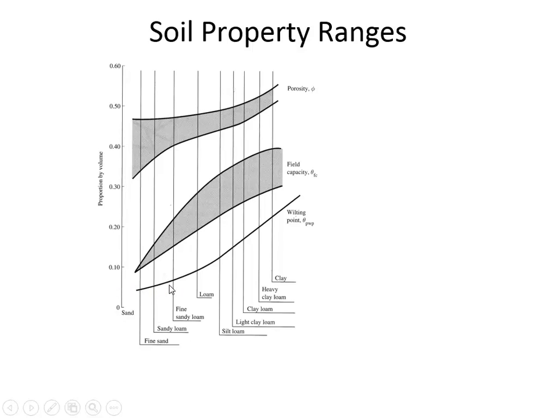We'll talk about what wilting point is. The field capacity is the range of moisture conditions in the field that would be expected. Then the drainage by gravity, and the porosity, the range of porosities, which is the ratio of void spaces to the total overall volume of the soil.